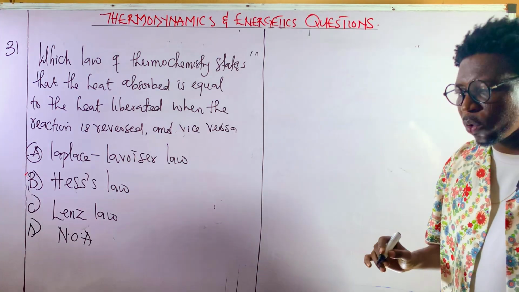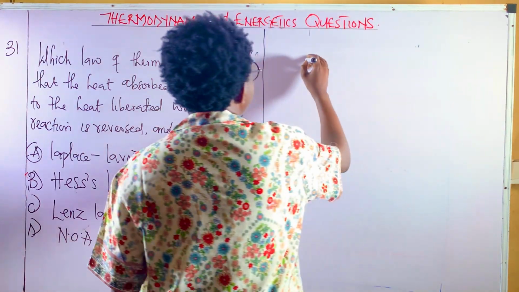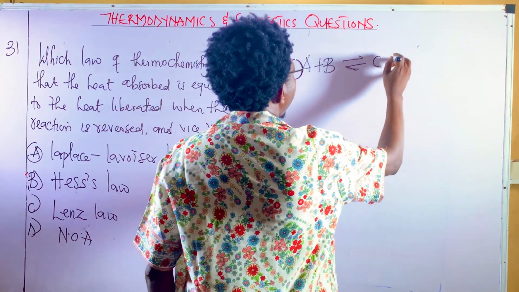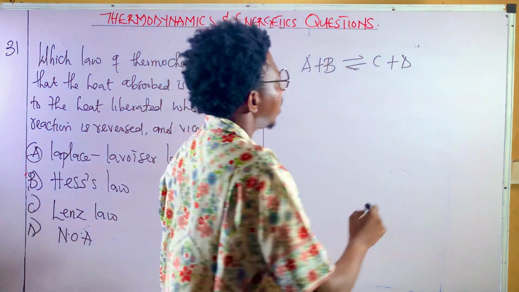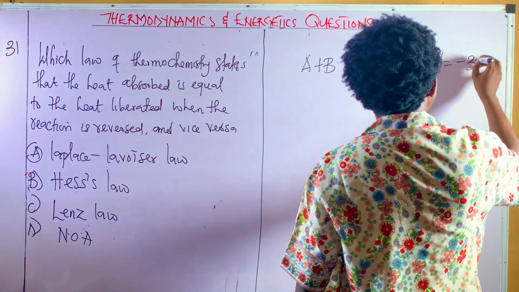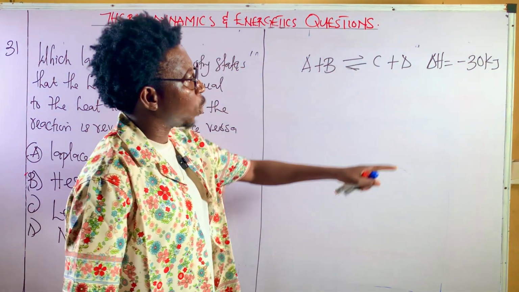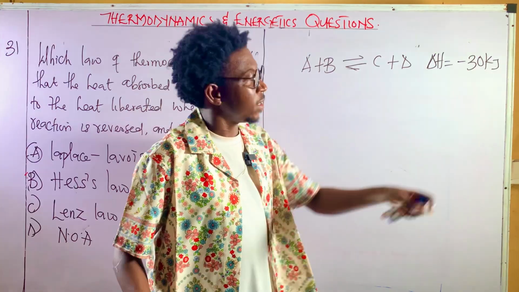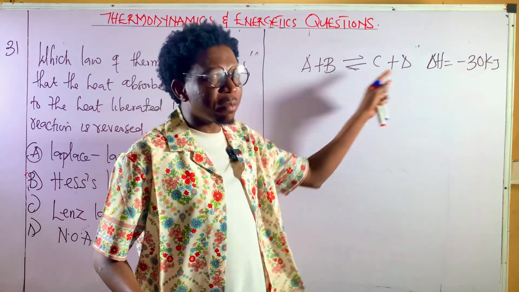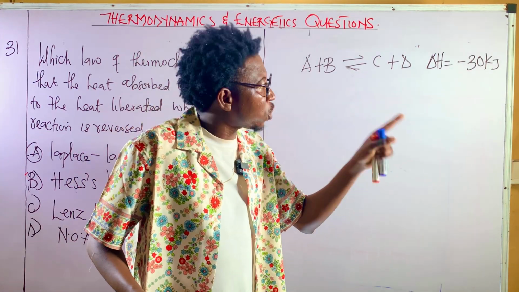What Laplace Lavoisier law is telling us is that if a reaction is reversible, let's say A plus B gives us C plus D, and the heat of the forward reaction is, let's say, minus 30 kilojoules, that means heat is released. If we are going back, the heat absorbed will have the same magnitude as the heat released, but just change sign.